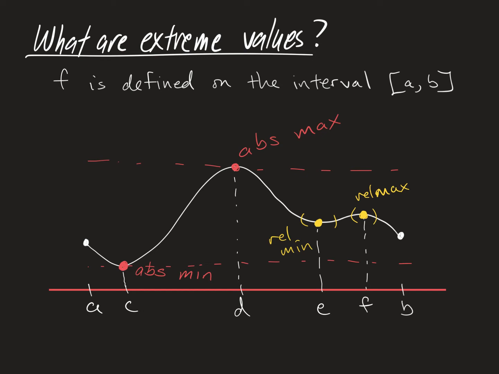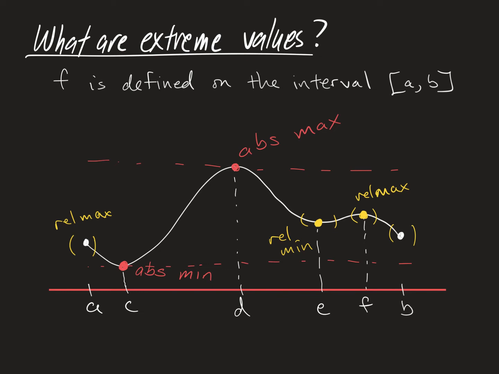But in addition to that, we can say the same thing around the endpoints. This endpoint on the left is the tallest point. It's the highest point in a small interval around it. So this is even here a relative max.